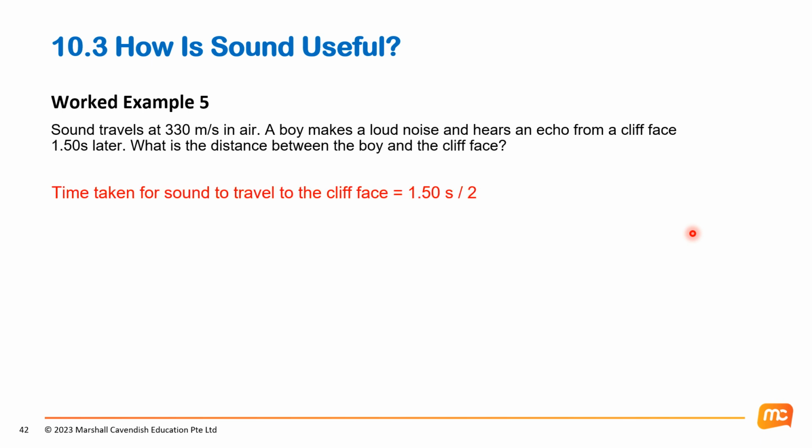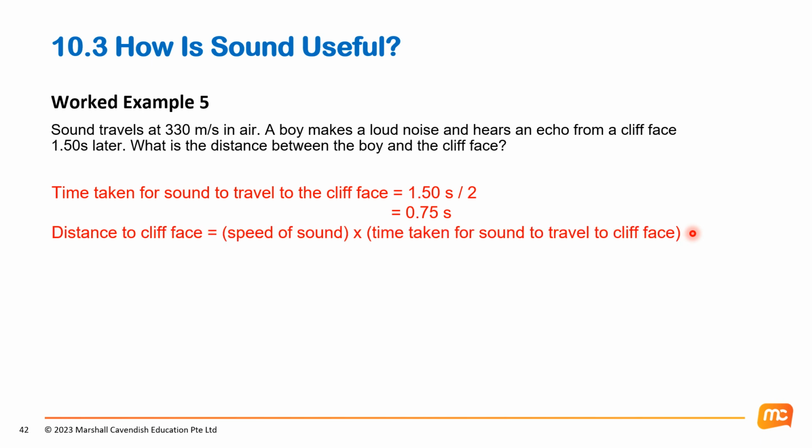So the important thing to remember is because an echo has to travel to the cliff face and then come back, the actual time taken for the sound to travel is half that of the delay. So only 0.75 seconds is the time taken for the sound to travel to the cliff face, and then the other 0.75 seconds is for it to return to the boy.